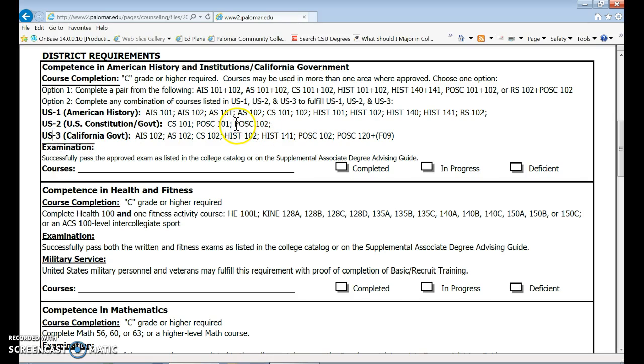The only class that does that would be Political Science 102. You may also take a look at maybe Chicano Studies 101 and 102, because Chicano Studies 101 takes care of U.S. 1 and US 2, and also Chicano Studies 102 will take care of US 3.